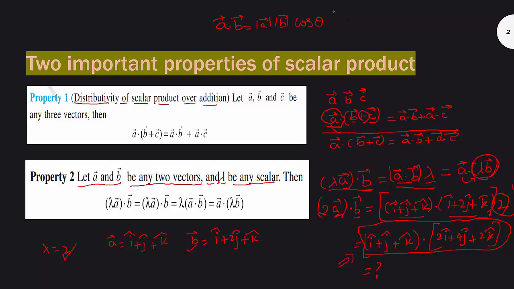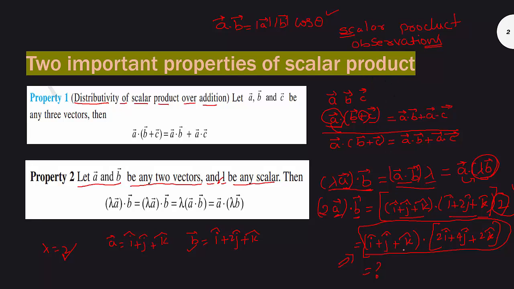This thing you have already learned in the scalar product, and you also saw the observations of this scalar product. Clear? Observations of this scalar product are already done, so no problem.